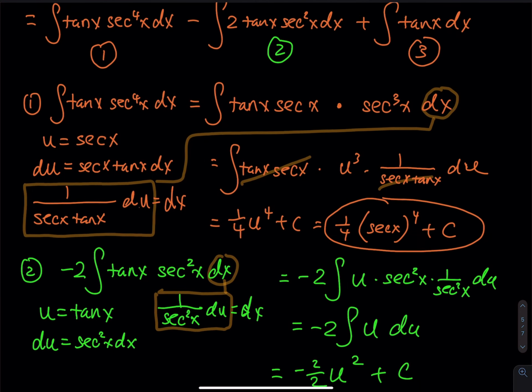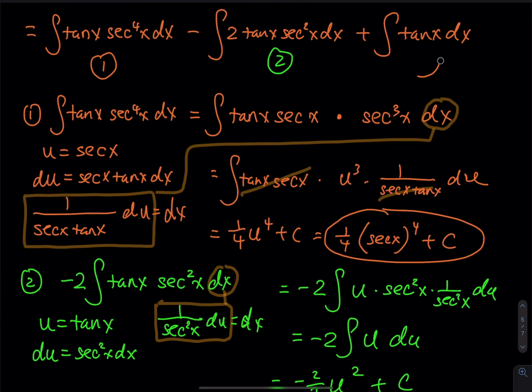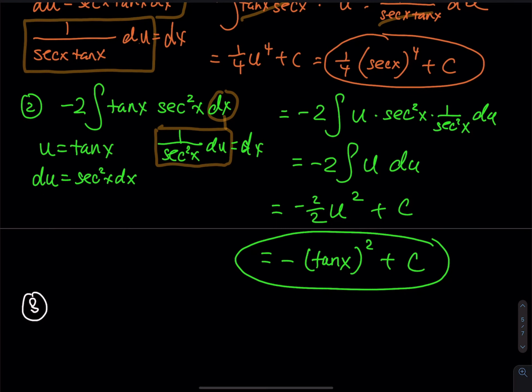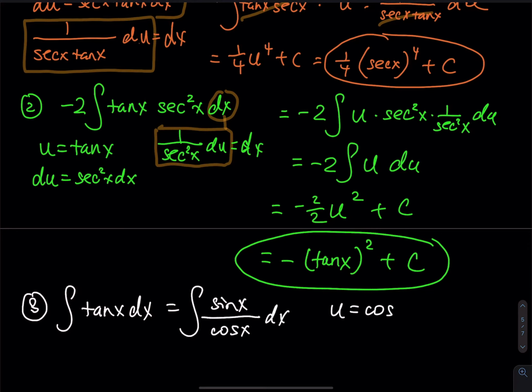What is number 3? Number 3 is the tangent x. So we have the integral of tangent x dx. So this one you can rewrite the tangent as sine of x divided by cosine of x dx, and then I will let u equal cosine x.